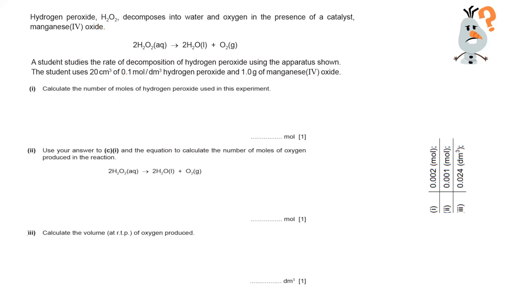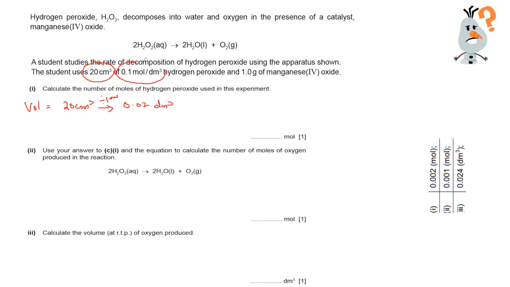When you read the question, a student studies the rate of decomposition of hydrogen peroxide and he uses 20 cm cube. But we have to convert all the volumes to dm cube, so it will be divided by 1000. So it will be 0.02 decimeter cube.